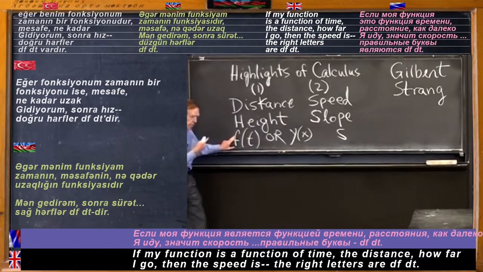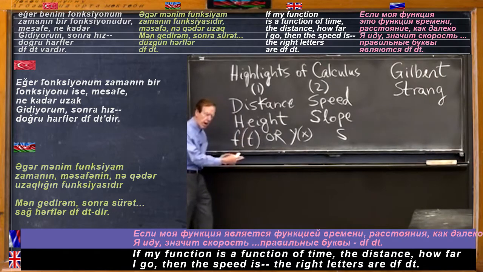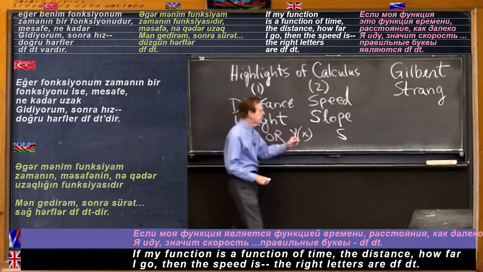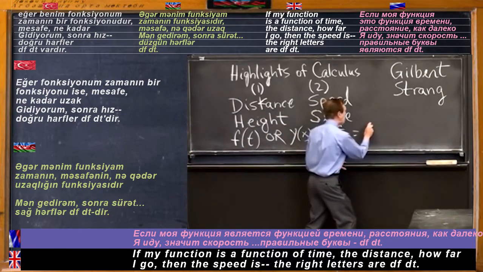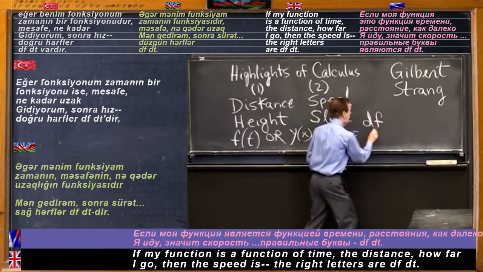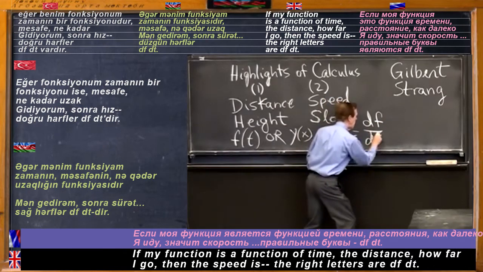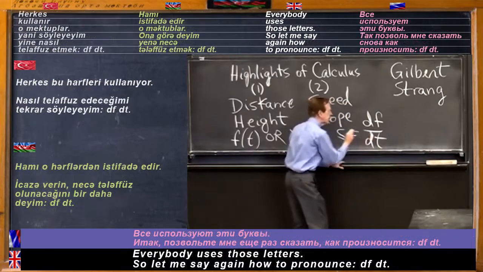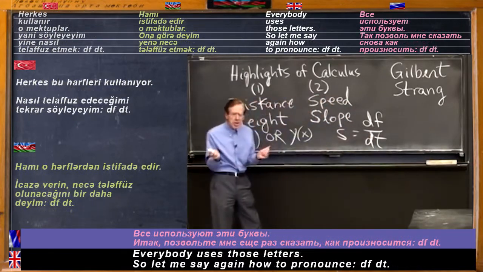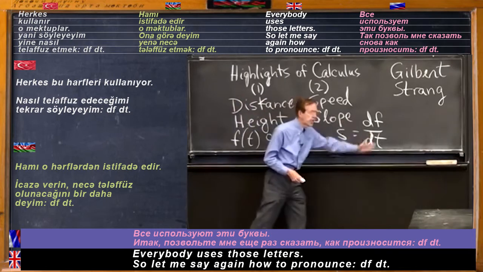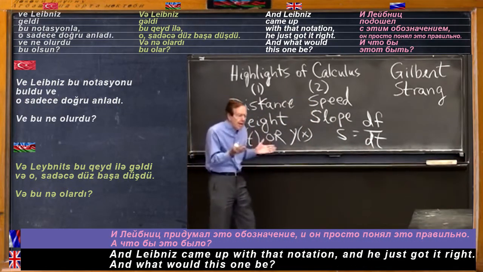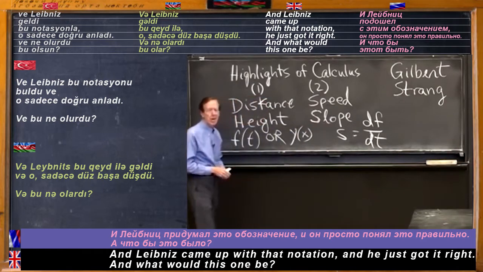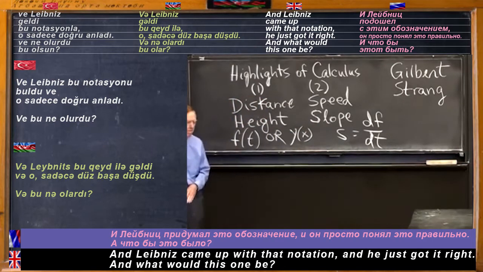If my function is a function of time, the distance, how far I go, then the speed is, the right letters are df/dt. Everybody uses those letters. So let me say again how to pronounce: df/dt. And Leibniz came up with that notation, and he just got it right.